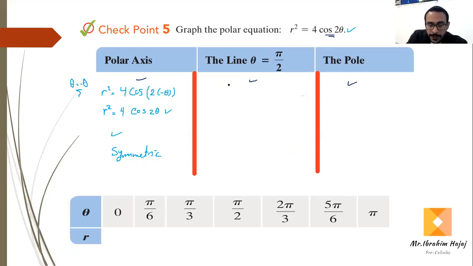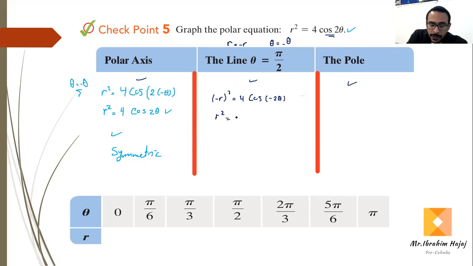Next, to test the symmetry of the line theta equals pi over 2, I have to replace r by negative r and theta by negative theta in the equation above. So negative r all squared equals 4 cosine of negative 2 theta.